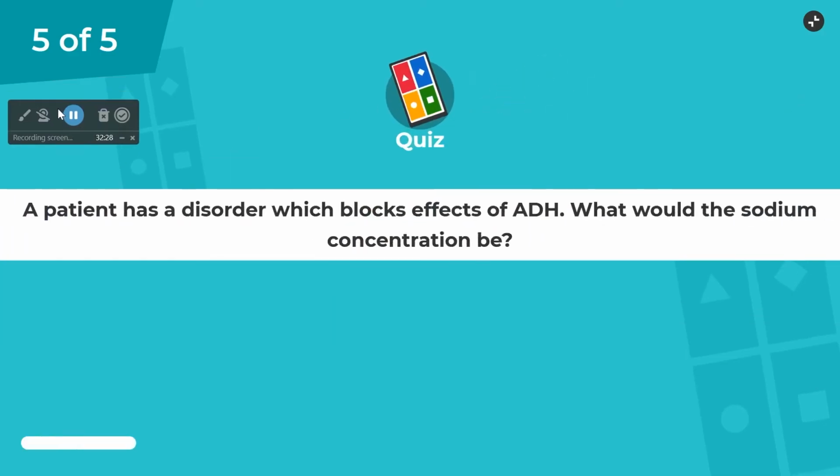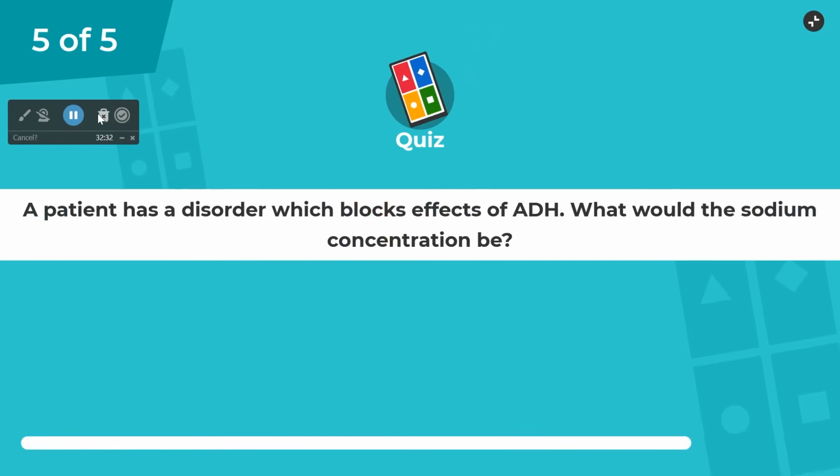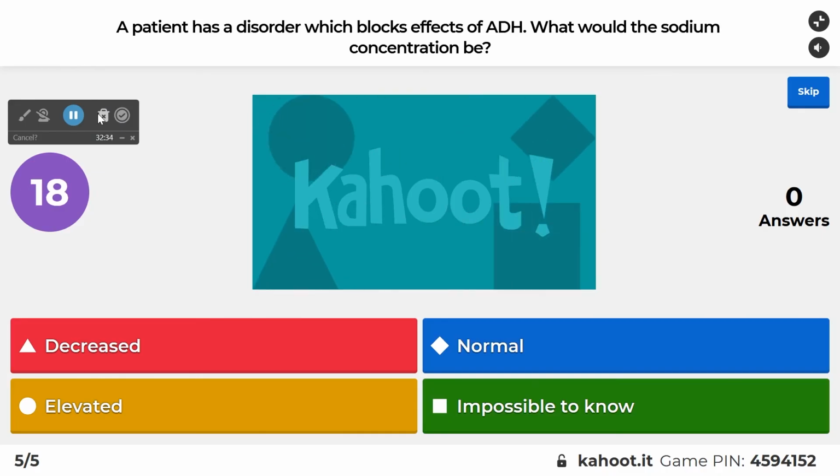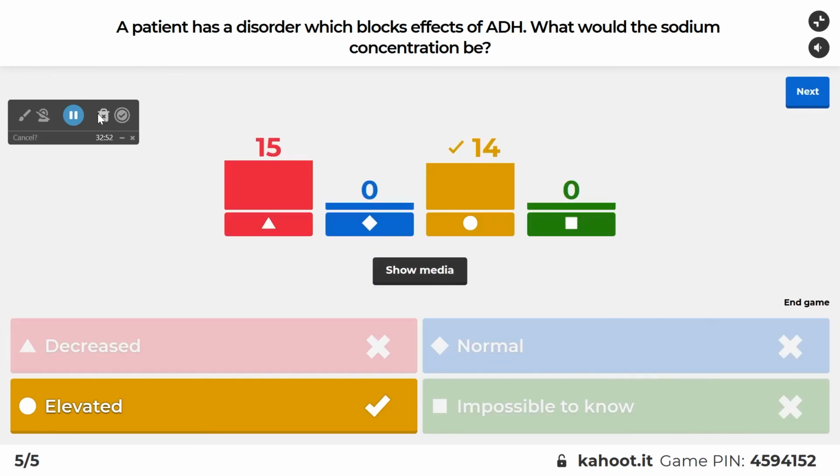All right, last one. A patient has a disorder which blocks effects of antidiuretic hormone. What would the sodium concentration be? Antidiuretic hormone makes you hold on to water. Yeah, okay, well, you had it narrowed down to up or down.